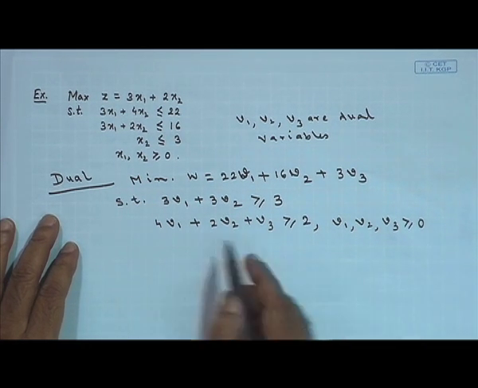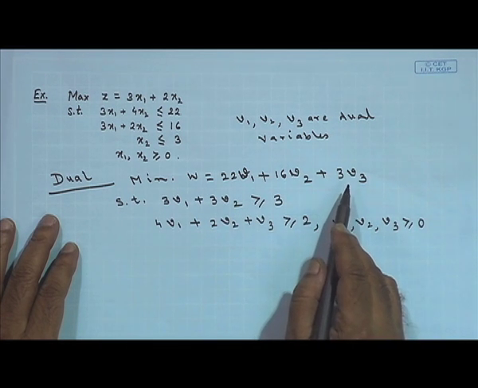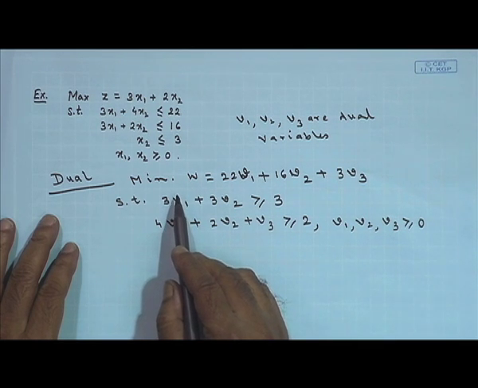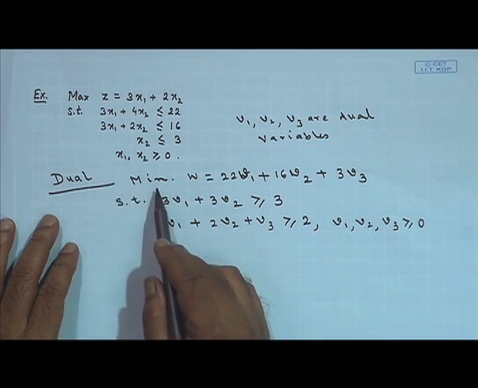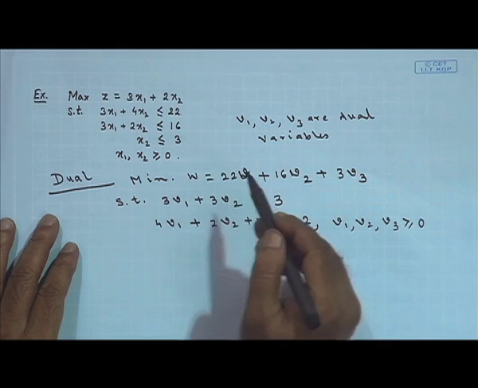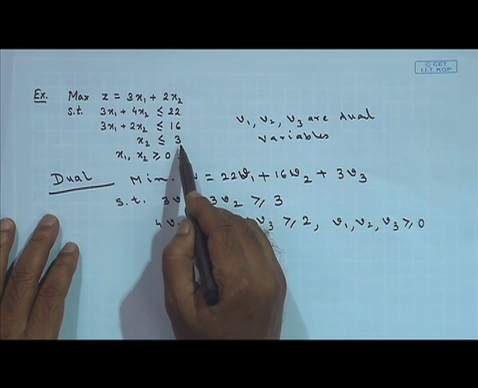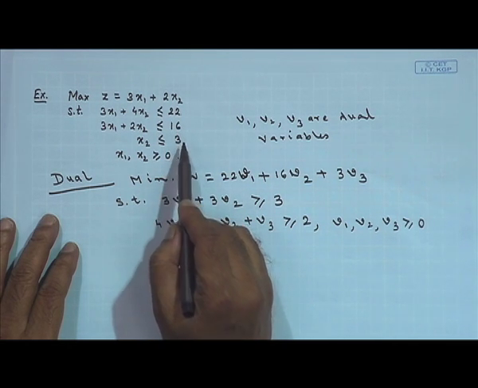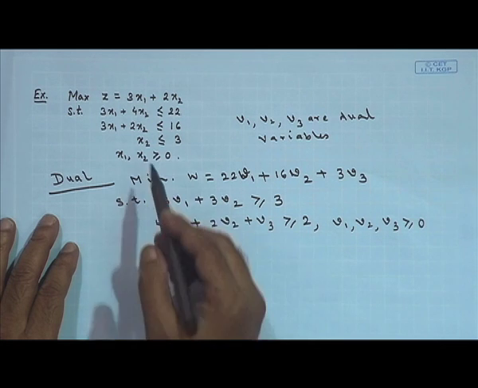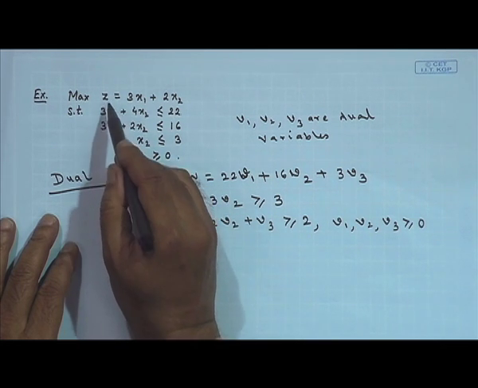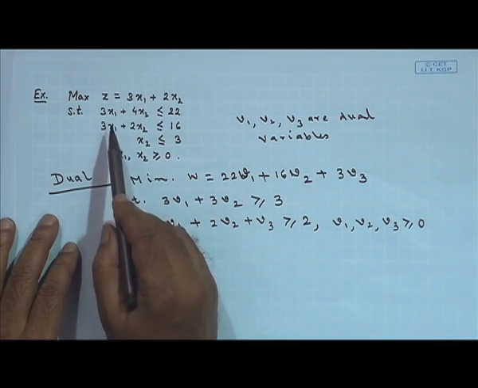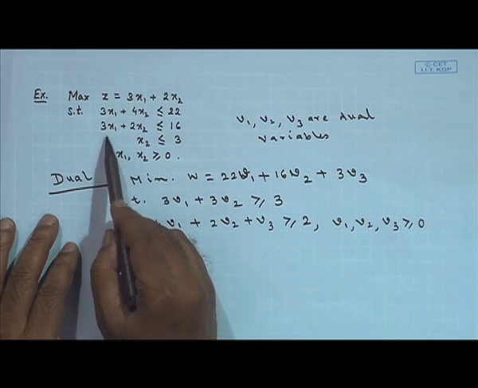I hope it is clear that whenever you take the dual problem, the maximization problem is converted to minimization: minimize W equals. How many variables will there be? It depends on how many constraints you have. Since you have 3 constraints, I write 22 V1 plus 16 V2 plus 3 V3, subject to, for the first column of the constraints, you take the coefficients: 3 V1 plus 3 V2.